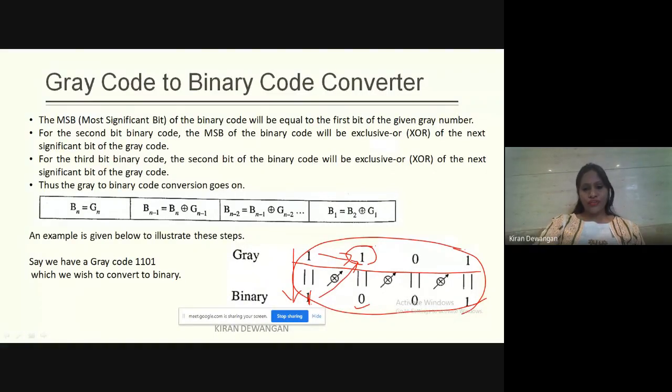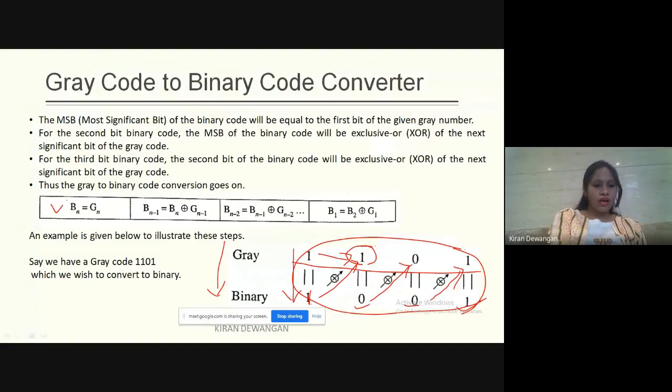Now we'll proceed further. This 0 gets XORed with the next significant gray bit. Again 0 XOR 0 will be 0. This 0 gets XORed with the next significant gray bit, 0 XOR 1 will be 1. Right? So this is the method to obtain the binary of the gray code.